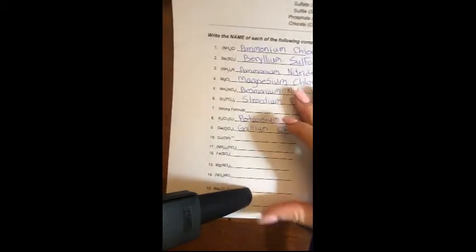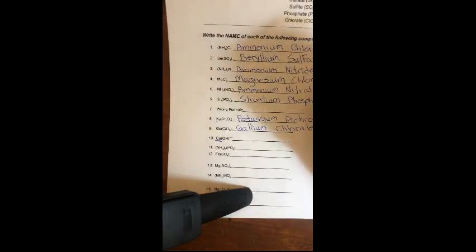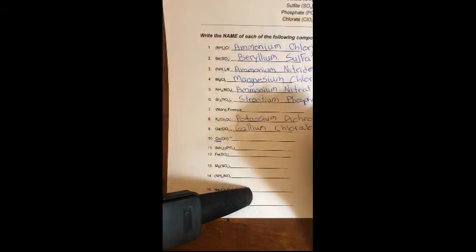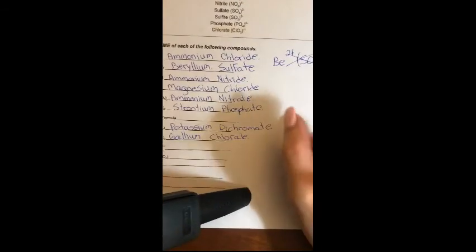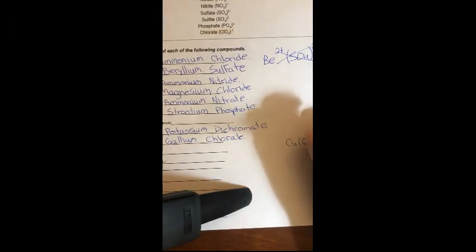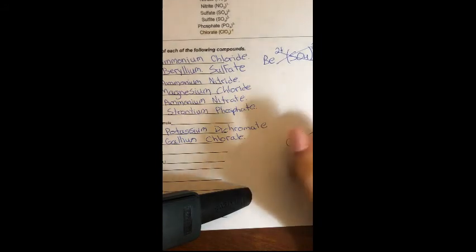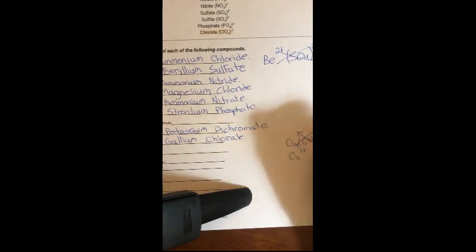Okay, the next one. You will see this is a transition metal. Since it's a transition metal, it will have a charge. So let's do the reverse crisscross, and I'm going to do it over to the side. So CuOH. You'll see the imaginary 1 here, the imaginary 1. I'm going to reverse the crisscross, and you'll have Cu 1 plus, OH 1 minus.